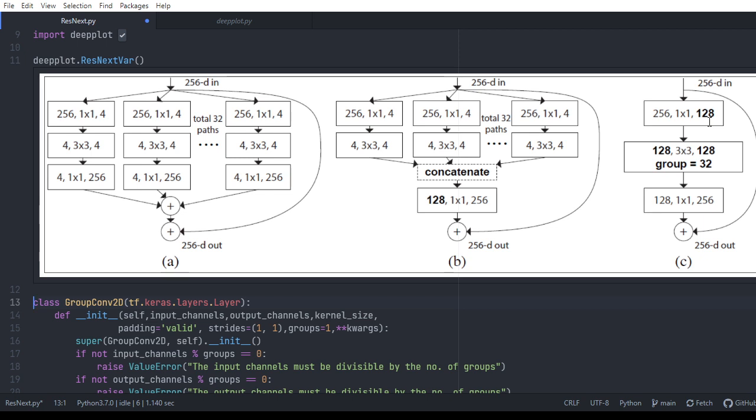So in this case, originally the ResNet architecture would work on 128 filters of conv2D, kernel size 3x3, but here we would have 32 stacked convolution layers, each having 4 filters, and also each of kernel size 3x3.